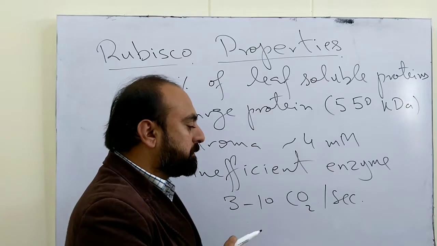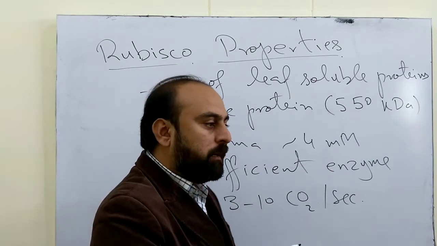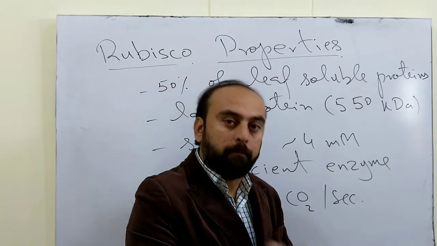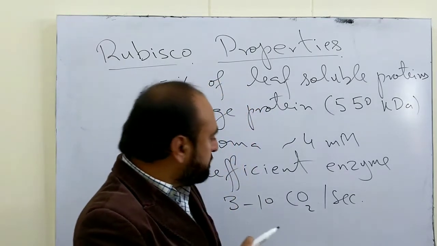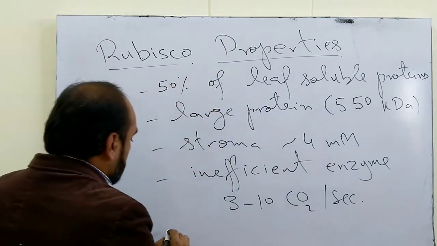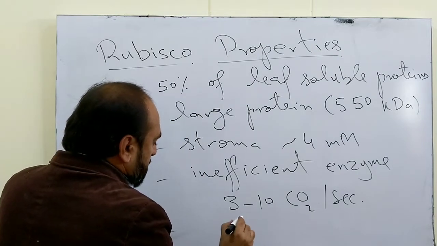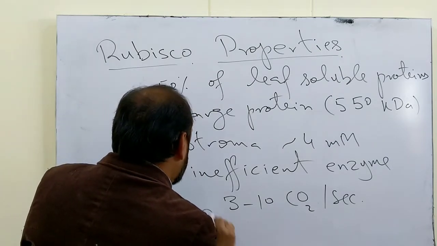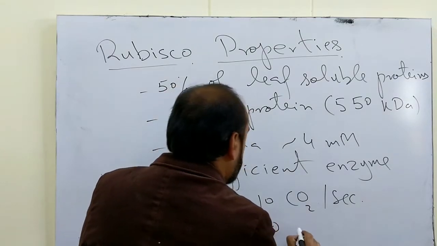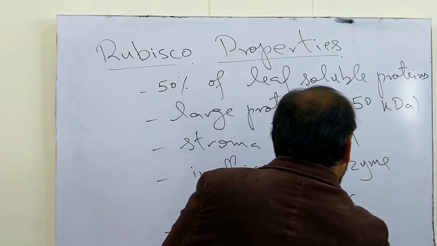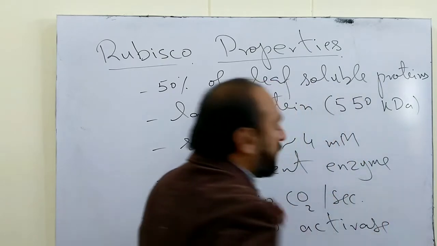For active enzymes, the catalytic activity is in the order of thousands or millions. So this is such a sluggish enzyme. And it even requires another catalytic protein called Rubisco activase, which is a chaperone for its activation.